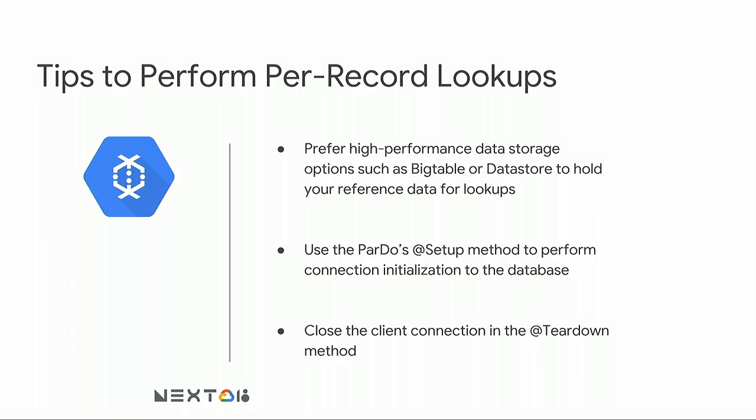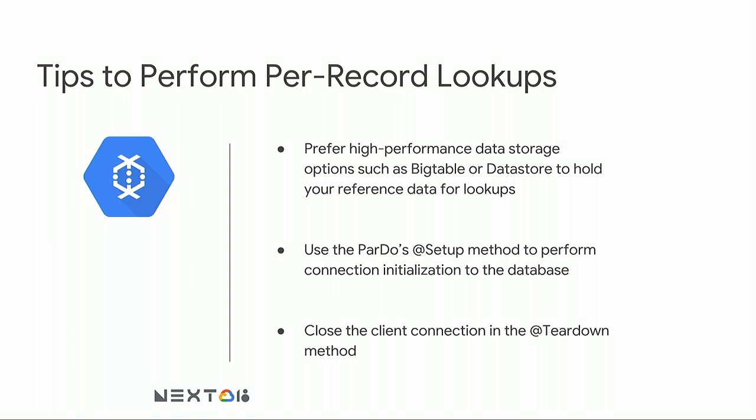Before we implement the per-record lookups, we want to consider the performance of the database. If we're doing this within GCP, we're going to prefer Bigtable or Datastore to do these per-record lookups, because they'll give us the performance metrics that we need. If we were to reach out to BigQuery, it'd be quite a bit slower, because you're talking on the order of seconds as opposed to on the order of tens of milliseconds for each individual lookup.